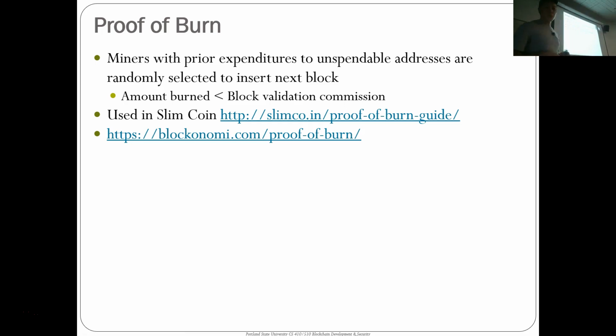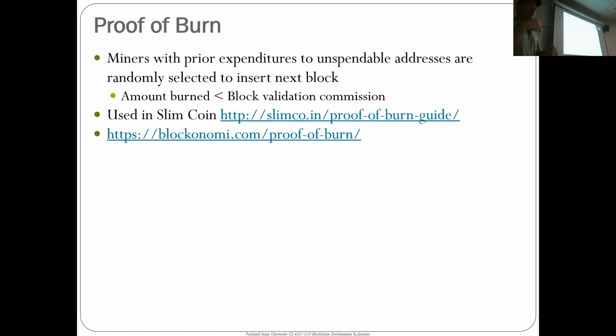Another system to elect the next block, the next miner, is proof of burn. In this case, miners will send some currency to an unspendable address, like address 0 on the blockchain. So if you can show me that you just burnt some of your cryptocurrency into 0, I will let you mine a block, and then I'll give you a reward for successfully mining it that hopefully will allow you to recoup what you just burned to an unspendable address.